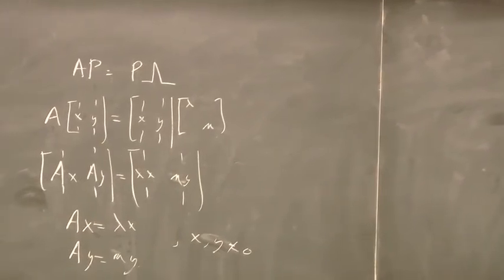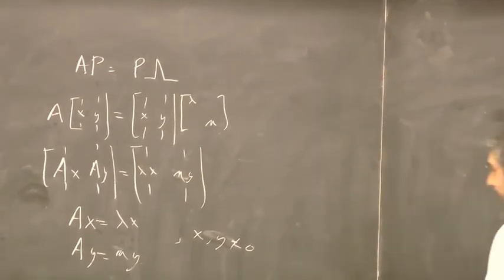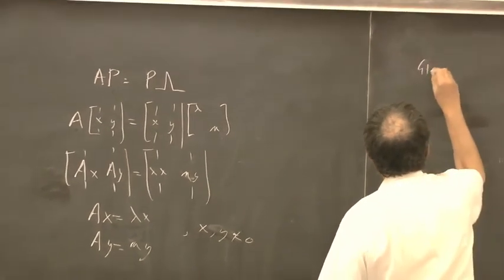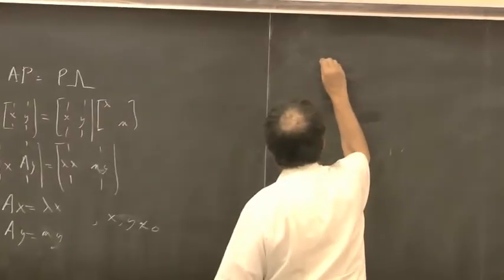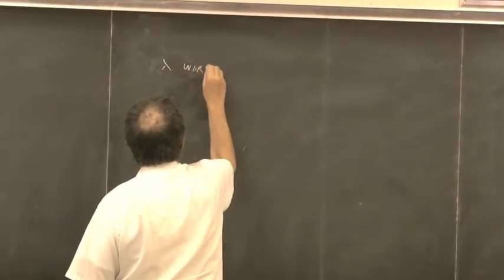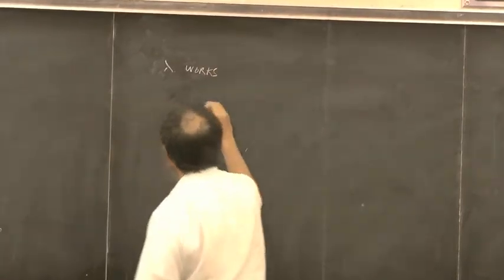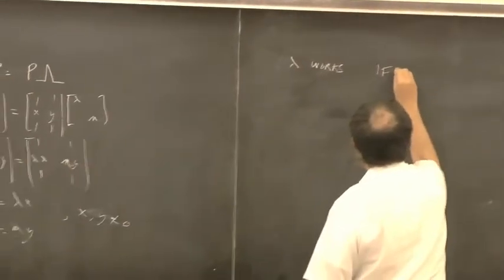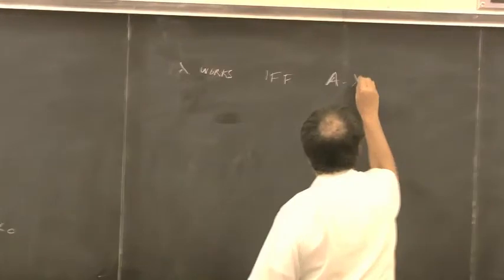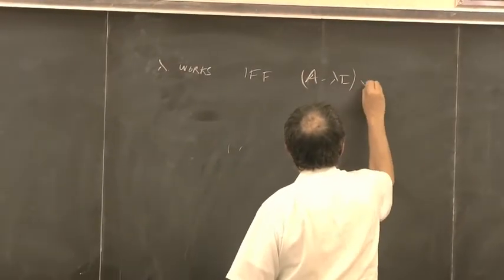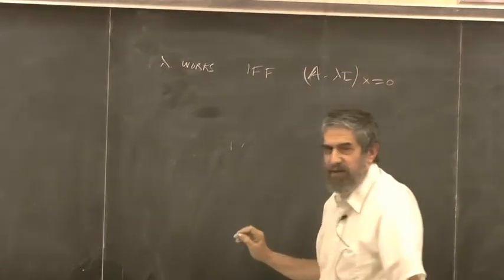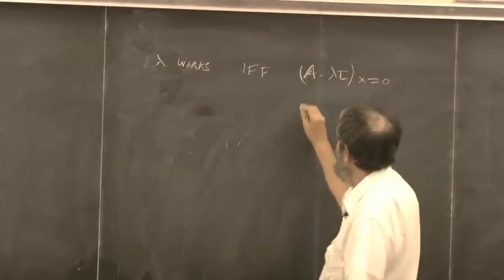So given lambda, well, let's just put it this way. Lambda works for some x if and only if A minus lambda times the identity times x is equal to 0 for some non-zero x.